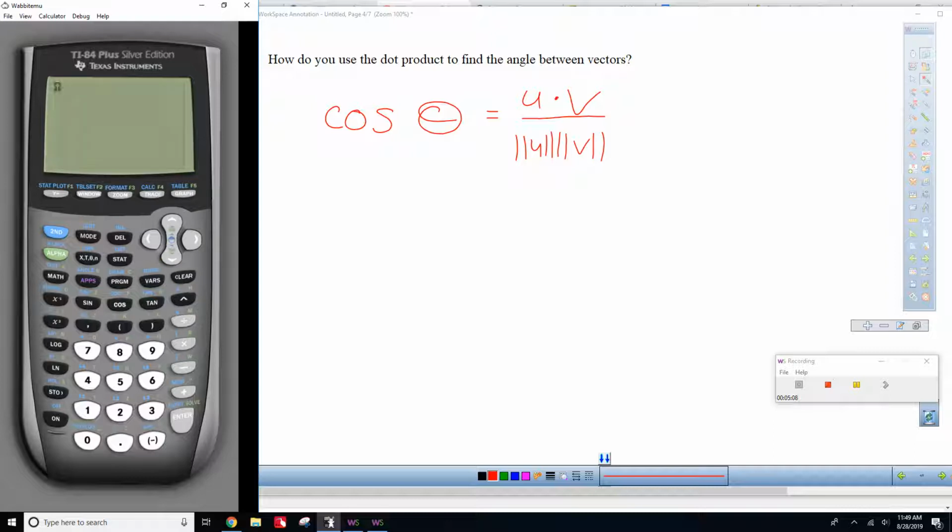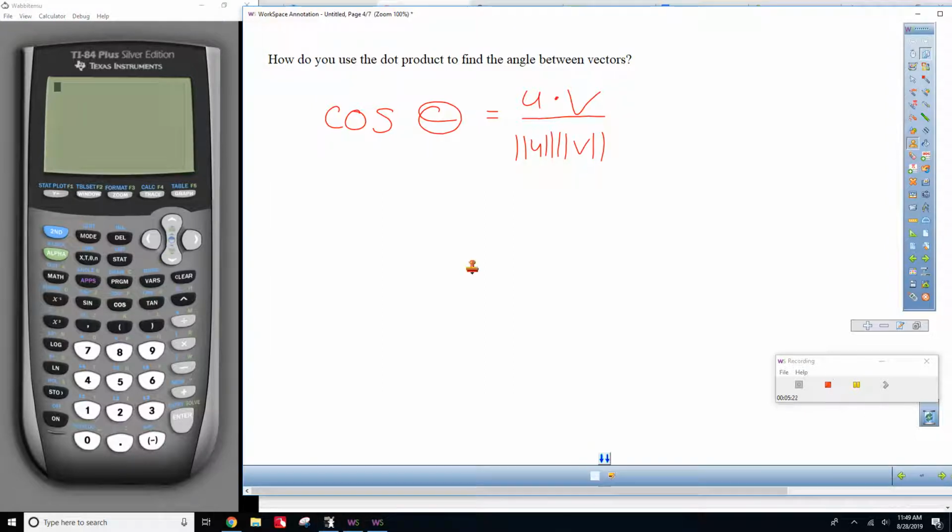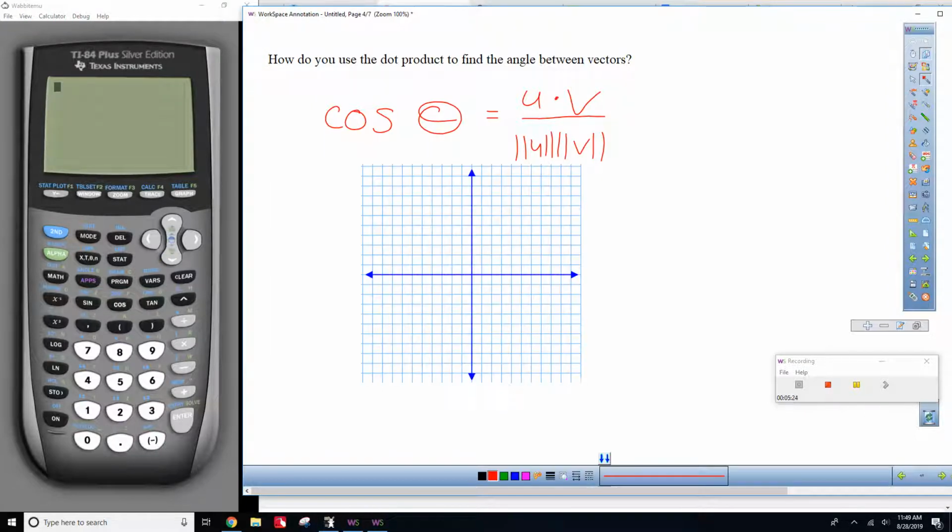Here we go. So, let's start by proving something. Let's say we want to do the vector <10, 0> and <0, 4>.